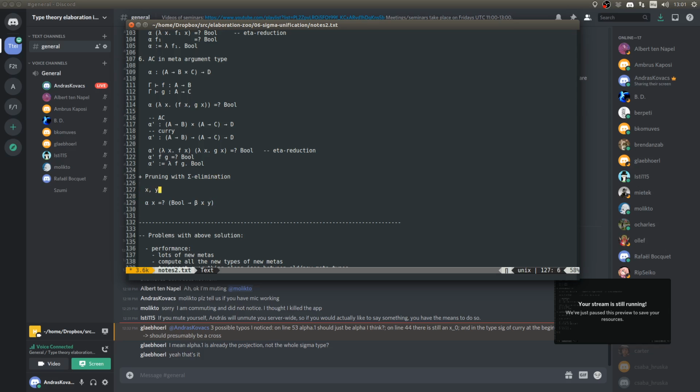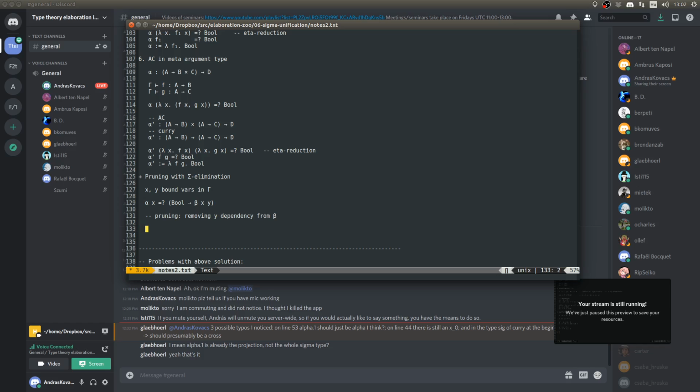And here x and y are bound variables in gamma. The problem is that the right hand side not only depends on x, but it also depends on y. So then the pruning is removing the y dependency from beta. So we say that this problem is only solvable if beta does not actually depend on y.